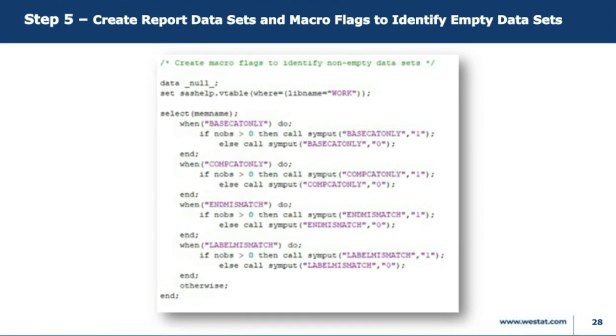And when it's base cat only, if the number of observations is greater than 0, then we're using call symput to set the base cat only macro variable to 1. Otherwise, we're going to set it to 0. Same thing for comp cat only. If the number of observations in the comp cat only SAS data set is greater than 0, we're going to set the comp cat only macro variable to 1. Otherwise, it's going to remain at 0. We do the same for end mismatch and label mismatch, setting those macro variables to 1 if we have any mismatches in those various data sets.